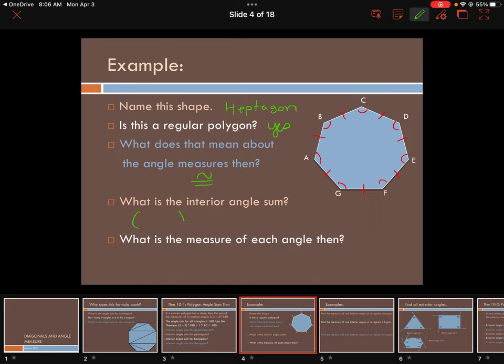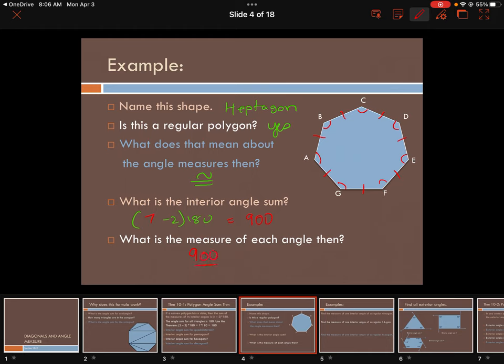What is the interior angle sum for a heptagon? Use your theorem. We're going to put a 7 in for n. So that means there's 5 triangles. That'll give you an interior angle sum of 900. And if all 7 angles are the same, what's the measure of each angle?